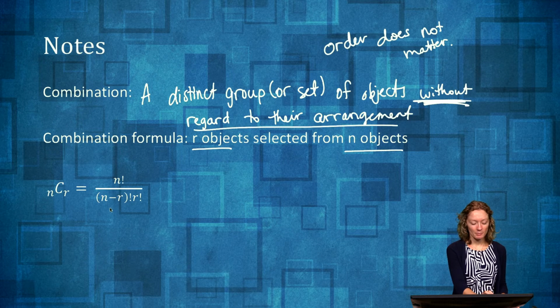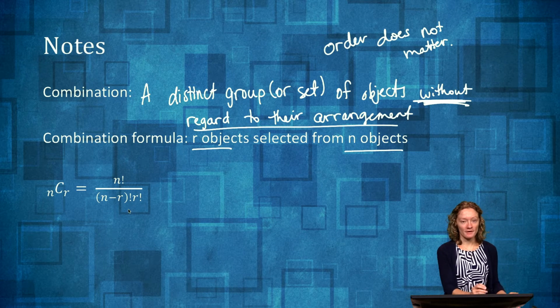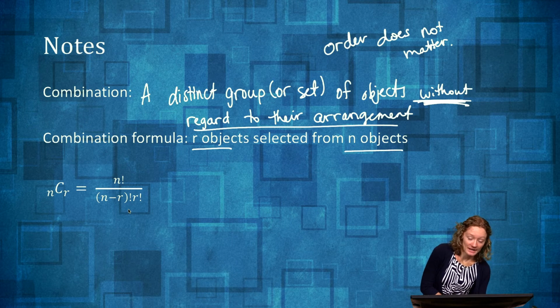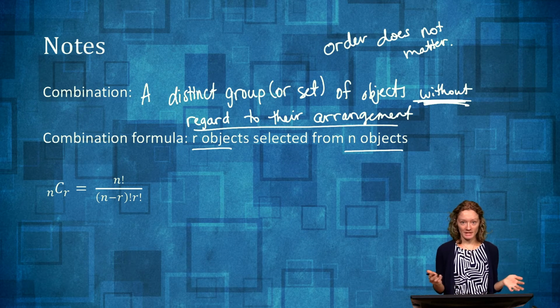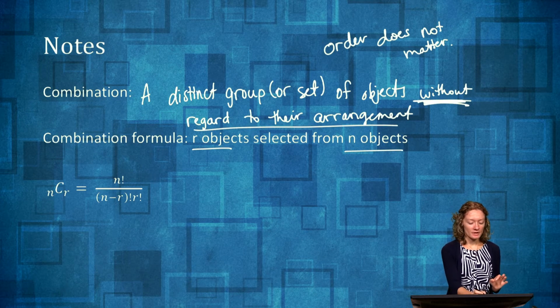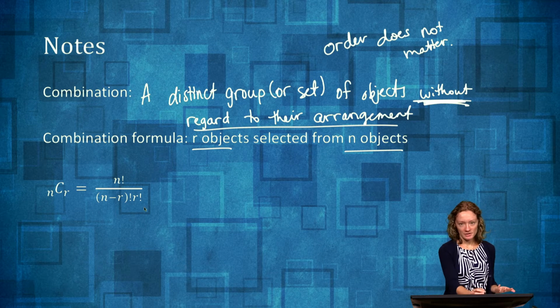That's the same as permutation, with one additional component: an additional r factorial is divided out, and that's where we divide out repetition amongst the top whatever items that we care about. You don't need to have the formula memorized because you can do it in the calculator, but I want you to understand where it's coming from.